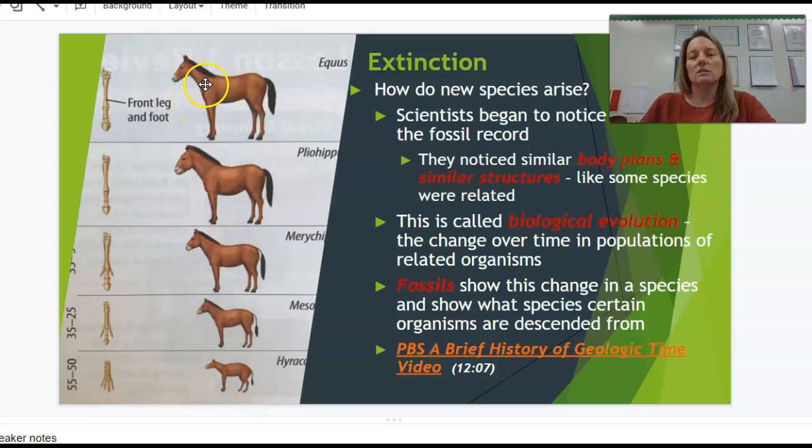You've got your horse, your parents, your grandparents, your great-grandparents, your great-great-grandparents. They were able to date back and see that they're related. They're not exactly alike.